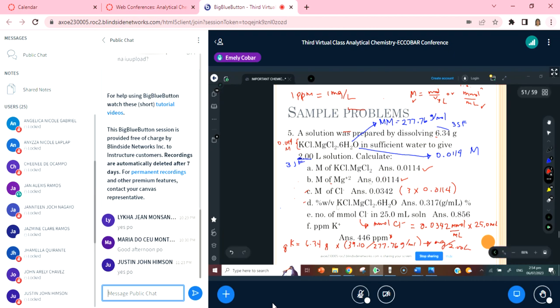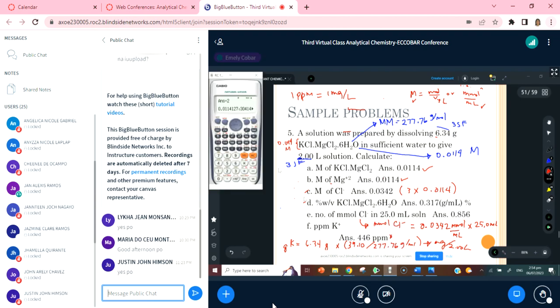Kaya, para makuha ko yan, ang gagawin ko is calculator. So, ang gagawin ko is weight of the solute, 6.34 grams, of the solute. Then, divided by the volume of the solution, in ml. Eh, di ba 2 liters yun?